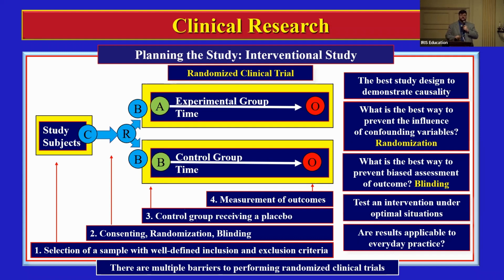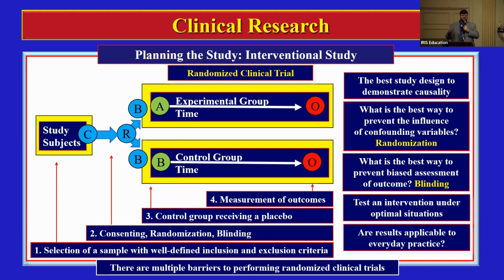There are multiple different types of randomization, and typically most randomized clinical trials are industry-sponsored studies. And so if you are an investigator looking at doing a randomized clinical trial, I strongly suggest that you get with a statistician to talk about randomization and how you plan on doing that. The best way to prevent bias is through blinding, as I've mentioned earlier.